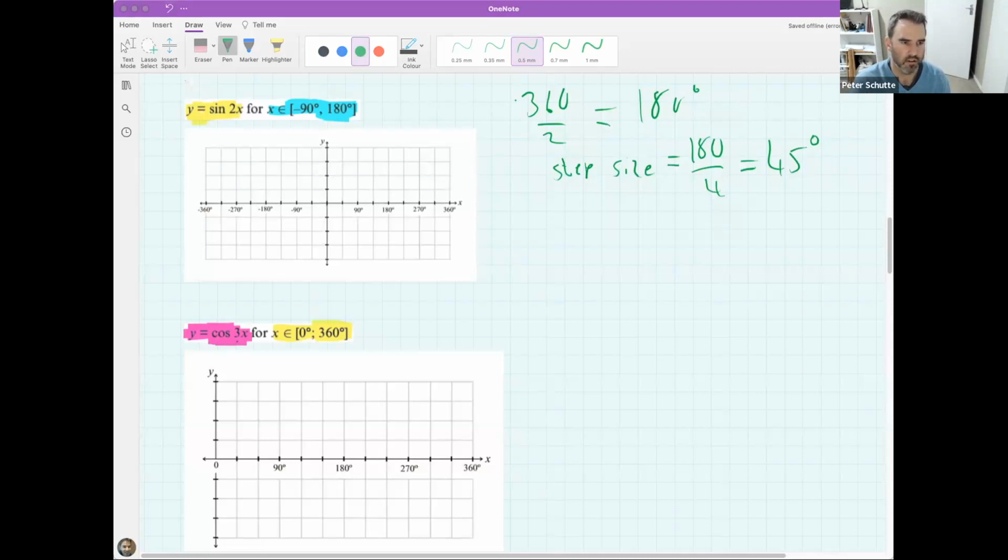So I'm putting in these different domains that they asked, and the step size was 45. So my table looks like this.